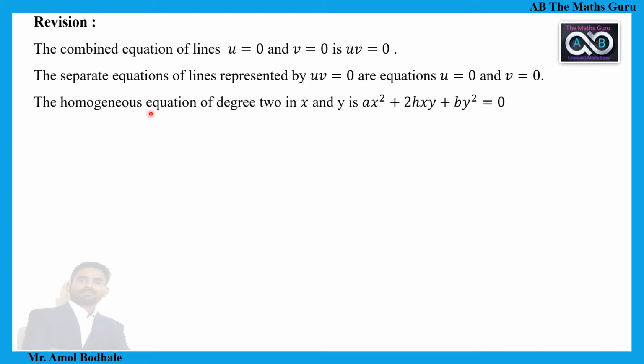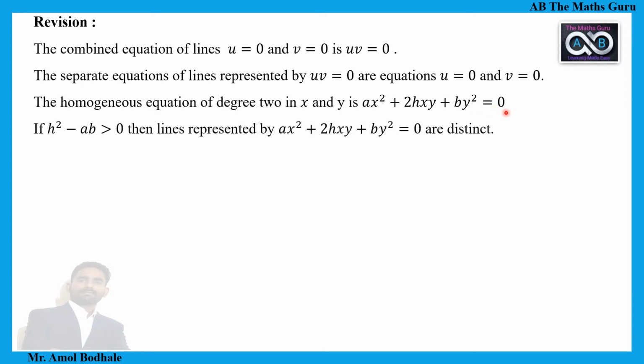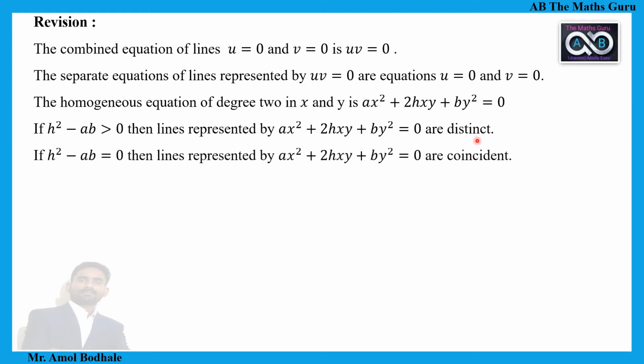The homogeneous equation of degree 2 in variables x and y is, in standard form, ax square plus 2hxy plus by square equal to 0. If h square minus ab is strictly greater than 0, then the lines represented by ax square plus 2hxy plus by square equal to 0 are distinct.